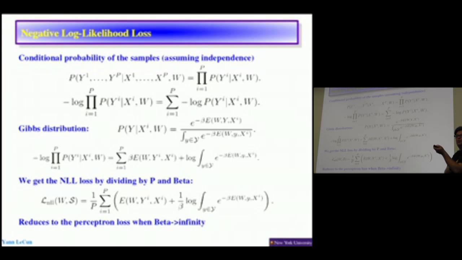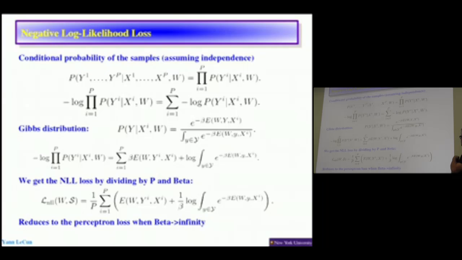We're going to assume the samples are independent, so this factorizes as a product over samples from i equal 1 to P of the conditional probability of y_i, the correct answer for the ith example, given the ith input and the parameters. We want to maximize this, under the independence assumption.